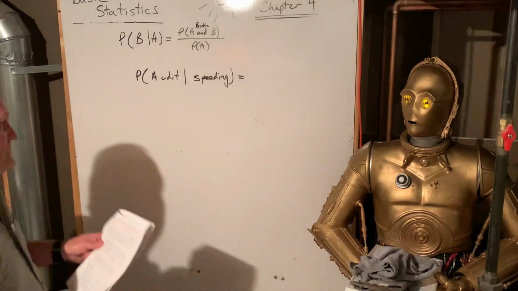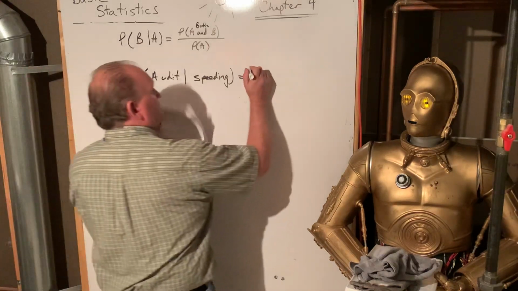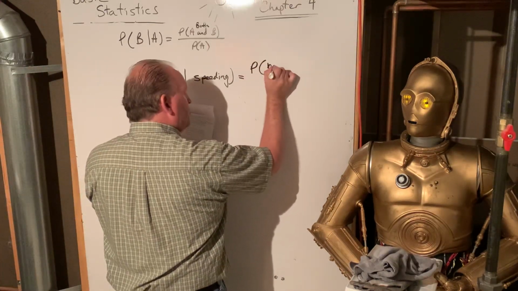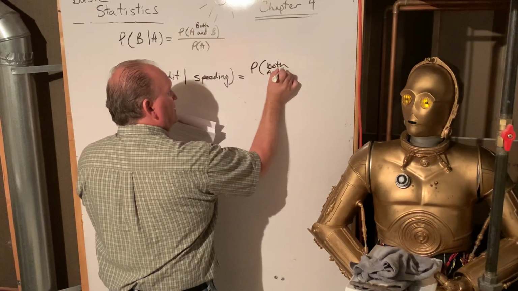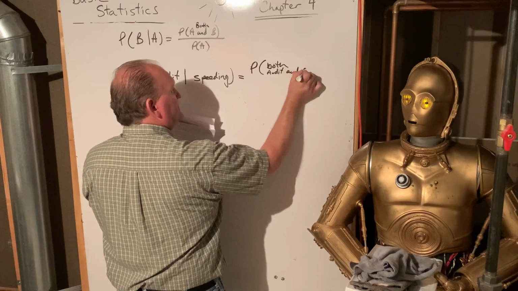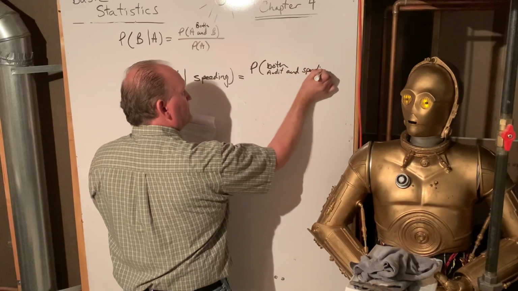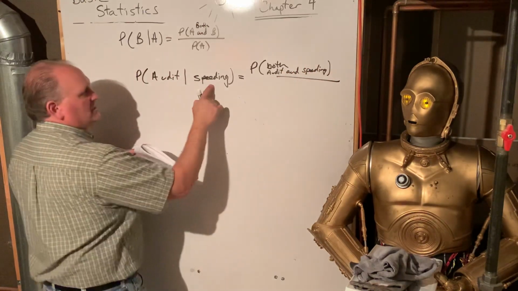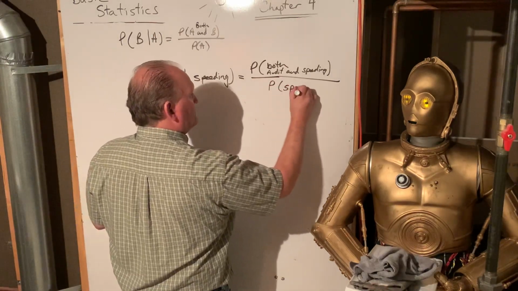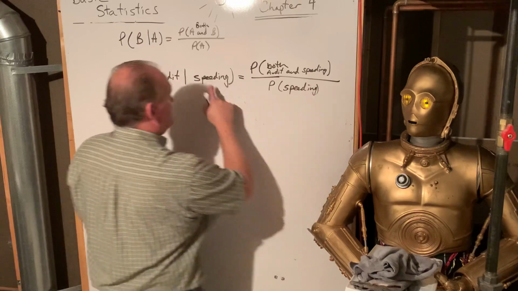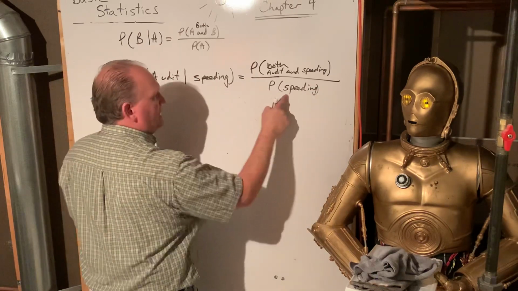Then that's exactly the probability of both events happening, audit and speeding, divided by just the bottom, the probability of speeding. This always goes on the bottom by itself.